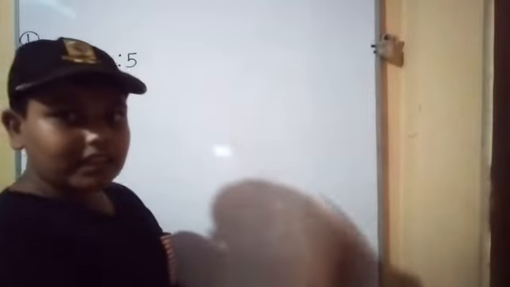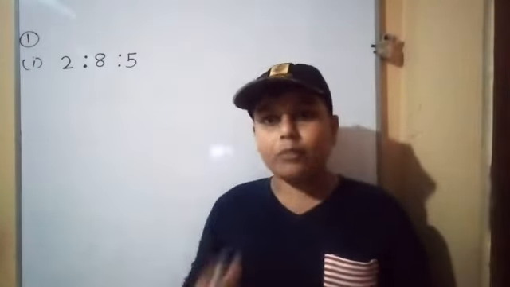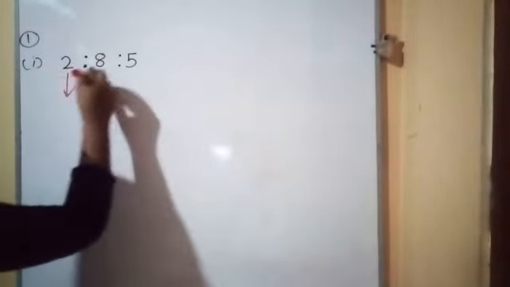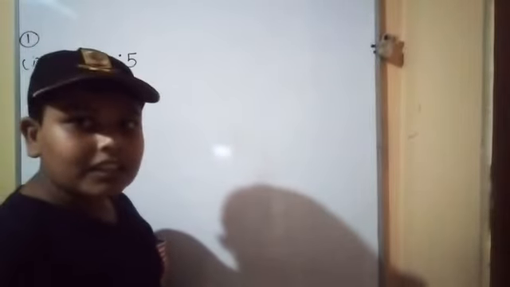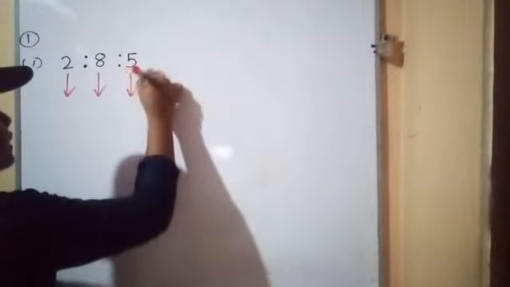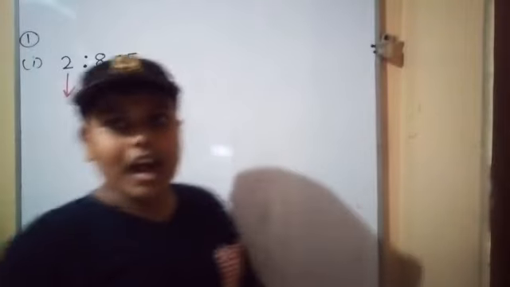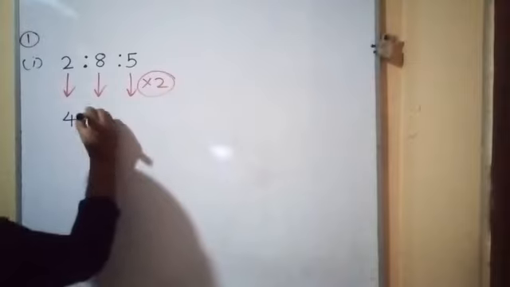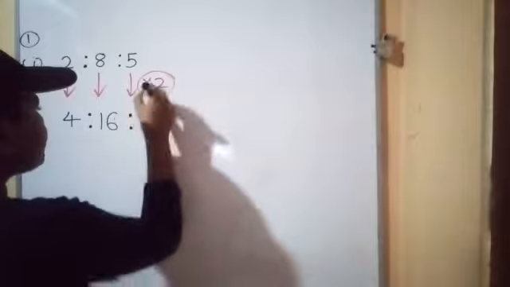To get an equivalent ratio, you multiply all 3 by the same number. I can multiply by 1, or I can multiply both by 2. So 2 multiplied by 2 is 4, 8 multiplied by 2 is 16, and 5 multiplied by 2 is 10.